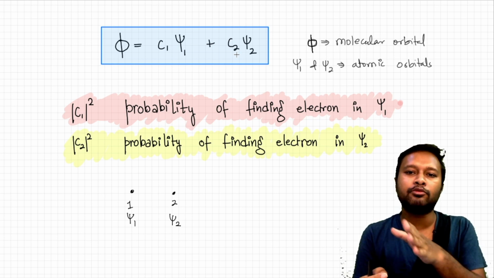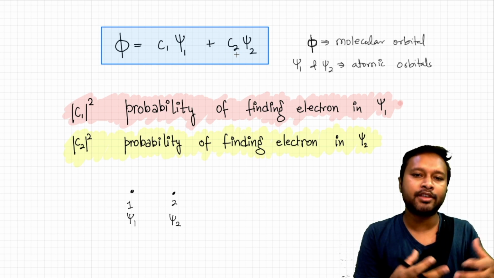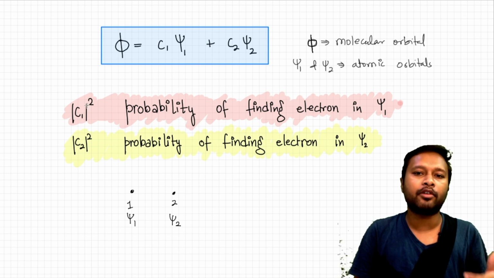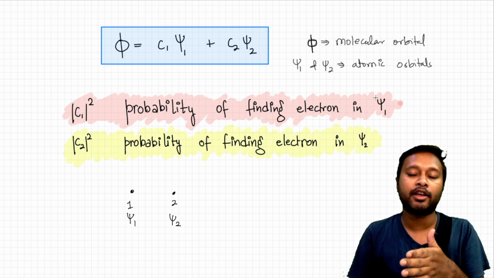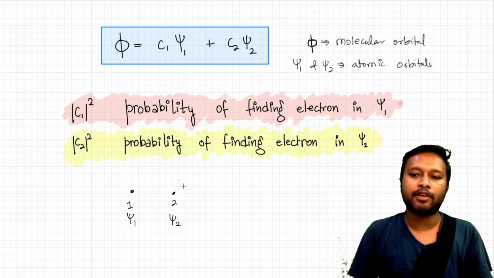So C1, C2 and C3, or C1, C2 over here, are basically the coefficients. So what do these coefficients tell you? The mod of the square of the coefficients tells you about the probability of finding the electron in that particular orbital or that particular wave function. See, these two atoms are going to share electrons to form the bond between them.